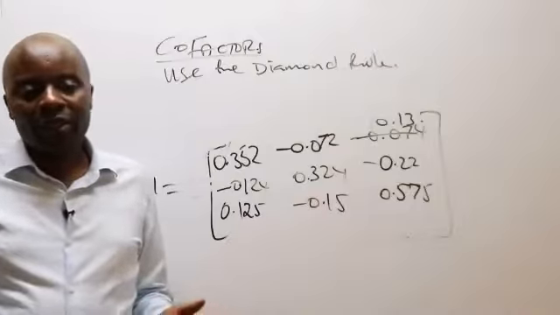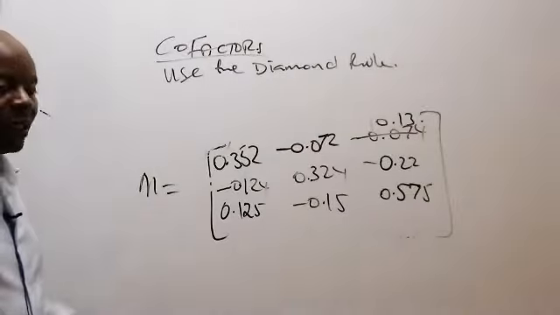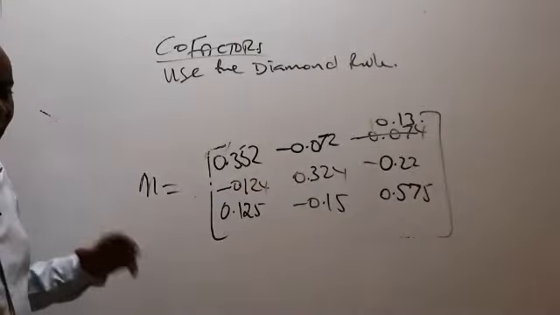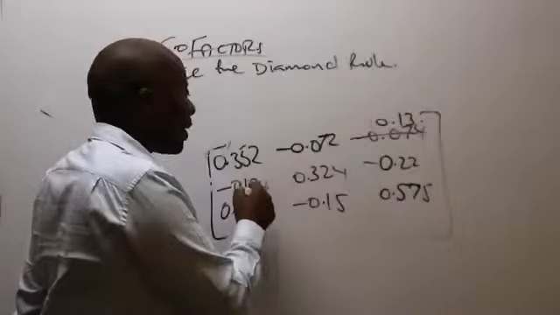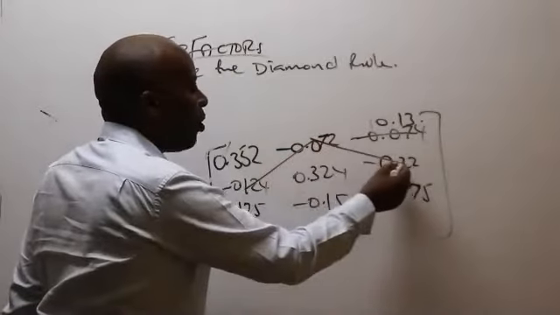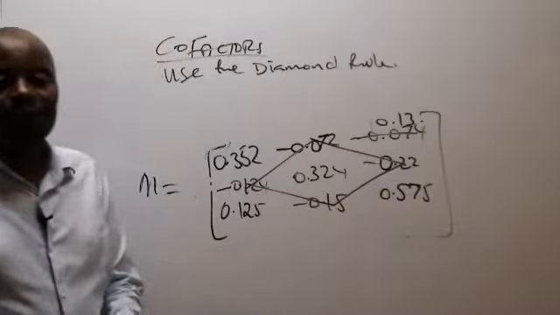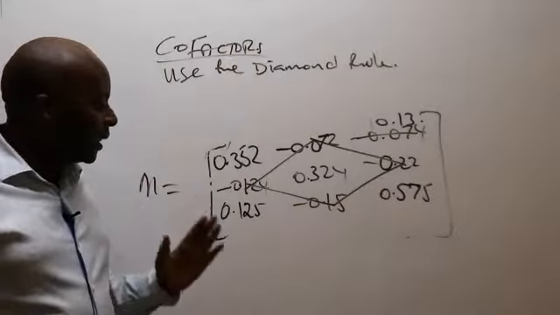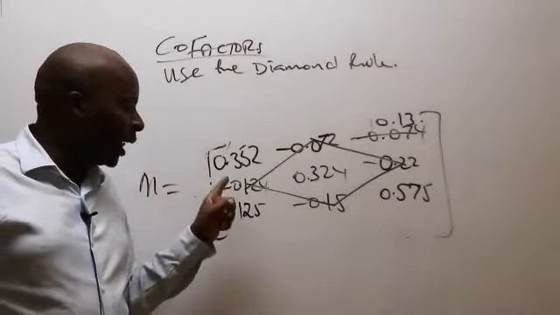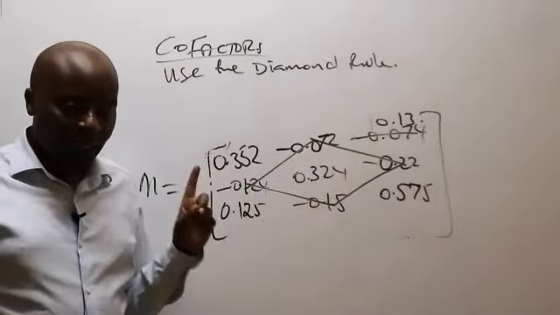So, ladies and gentlemen, I want to reiterate the fact that for cofactors, we normally use the diamond. This diamond has got many corners. In particular, our diamond here has got 4 corners, and this diamond normally touches the central elements of the external rows and the columns.